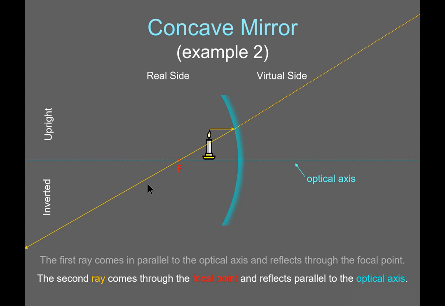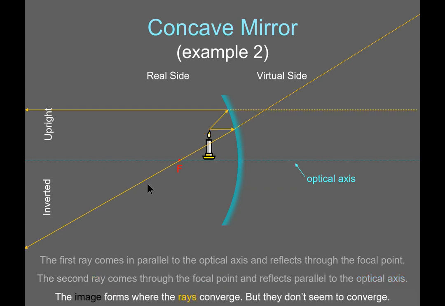You still do the diagonal through the focal point. That dot there doesn't really exist, but you just use your focal point to line up your diagonal line straight out, and then you have your virtual line. So where would the image be this time?